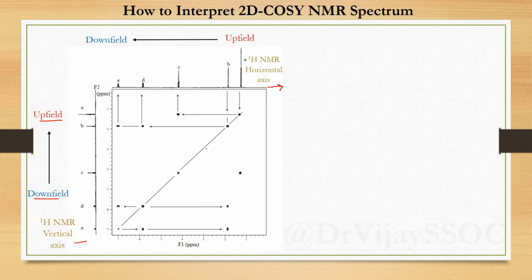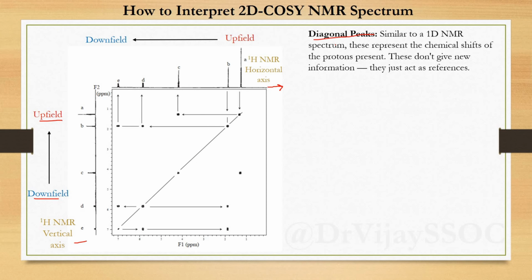So what will you see in the COSY NMR? Two types of peaks. One is diagonal peaks. You can see that this is the diagonal, and there are how many peaks? 1, 2, 3, 4, 5. So what does it mean? Similar to 1D NMR, diagonal peaks represent the chemical shift of the protons.